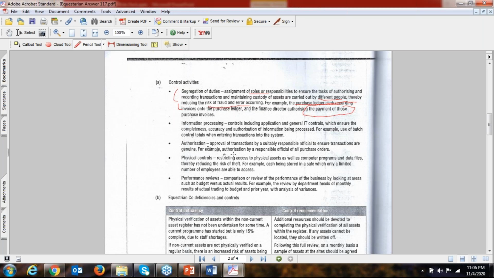For example, the control is authorization by a responsible purchase official of all purchase orders. Means any purchase order that is prepared will be authorized by only one person. After the authorization, the purchase order will be implemented to purchase all the items.